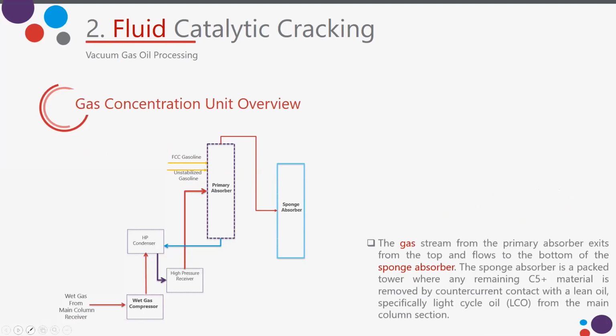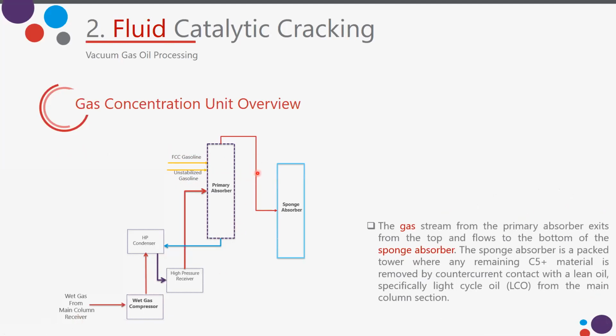From the primary absorber, the gases will go to the sponge absorber. Here, always the idea is to recover as much as possible the valuable products from our stream. So the sponge absorber is a packed tower where any remaining C5 plus material is removed by countercurrent contact with a lean oil, specifically the light cycle oil from the main column section.